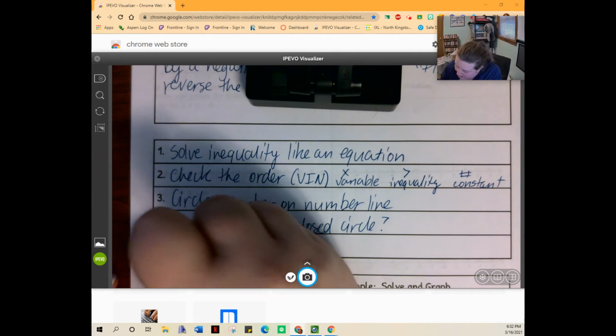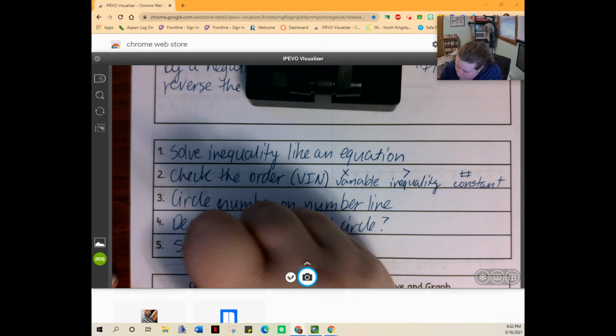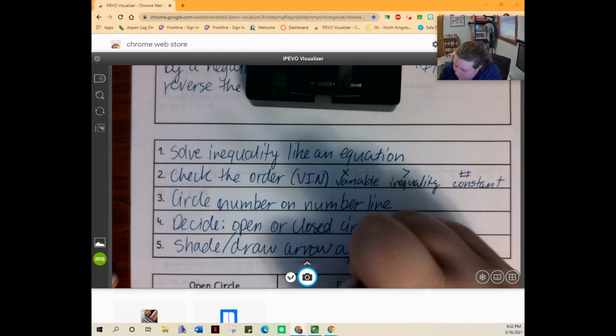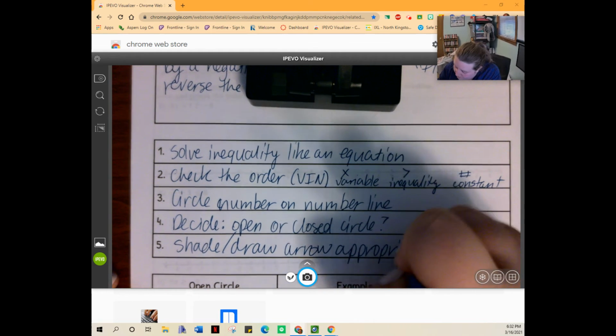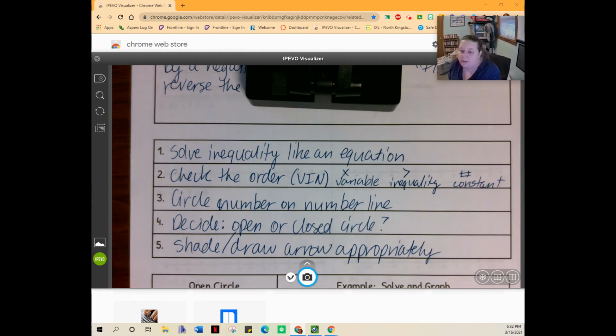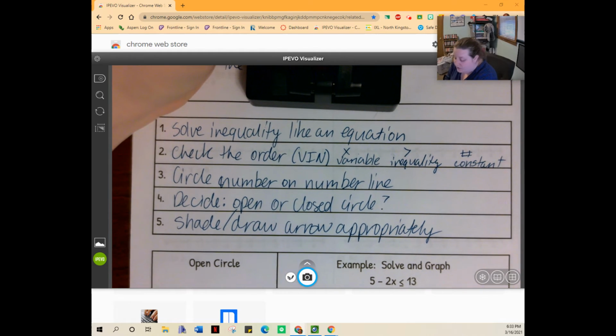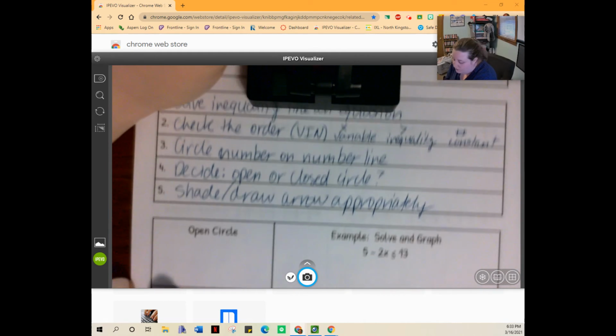And then we're going to shade or draw an arrow appropriately. So we're bringing a few skills together. We're going to bring together skills of solving equations and what we've been working on with inequalities. Once again, remember, feel free to pause whenever needed to copy down all the notes and resume when you're ready.